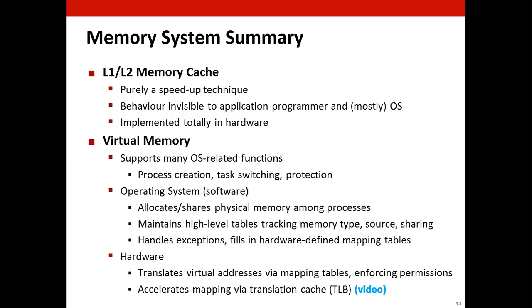The system programmer can allocate or share physical memory among different processes by maintaining the page table entries, and the operating system can handle exceptions. Virtual memory uses a hardware-based address translation or mapping mechanism called the memory management unit. So caches are controlled by hardware, versus virtual memory, which is controlled by a combination of operating system and hardware.